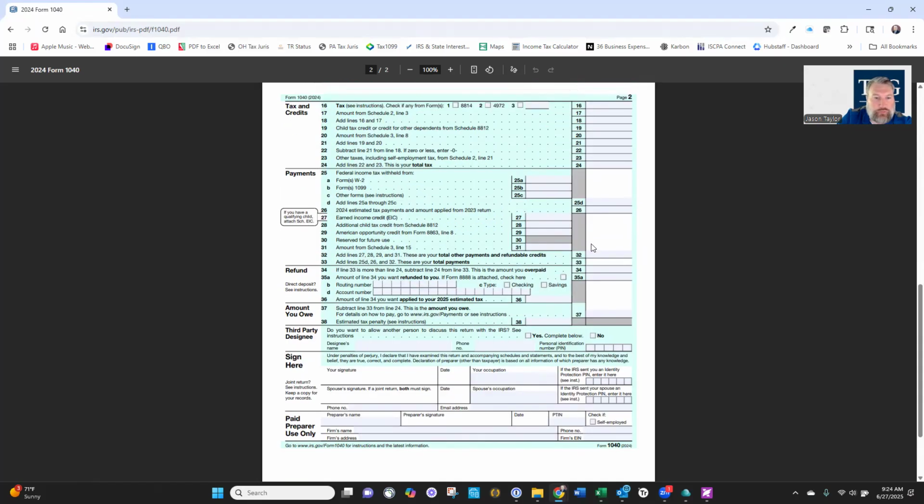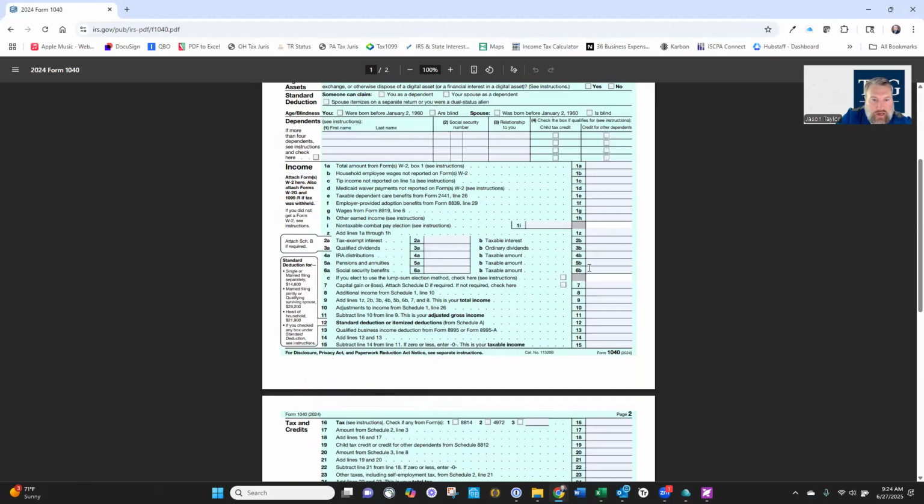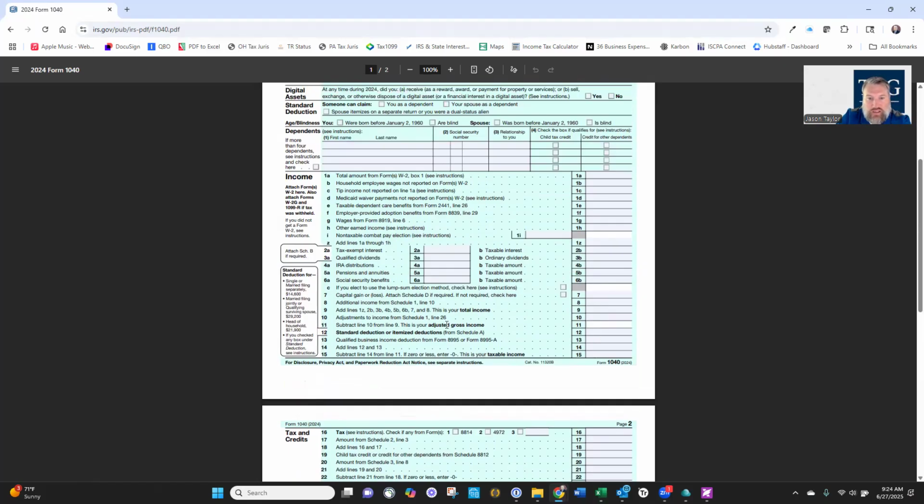So the really just two big lines on this whole form that everyone cares about is adjusted gross income, line 11, AGI, because that says how much money you made.